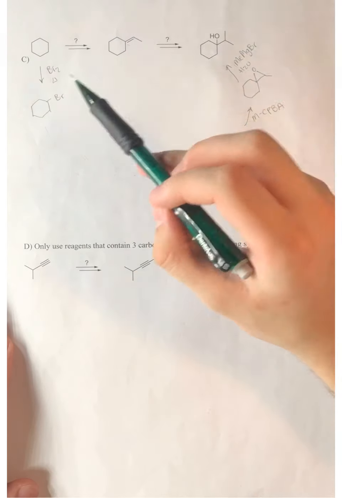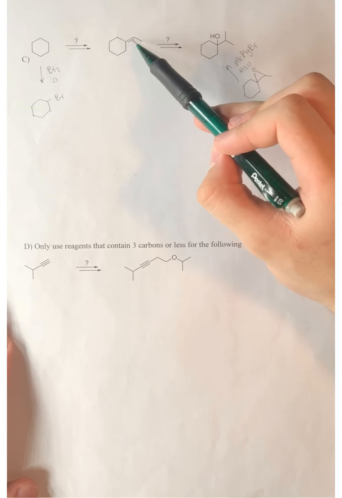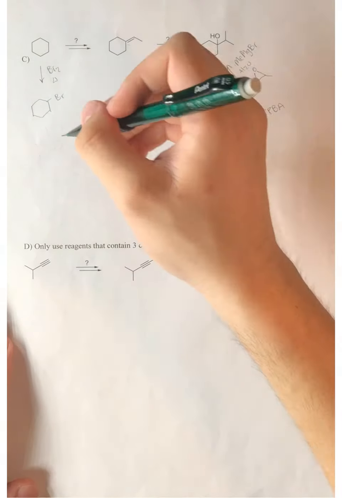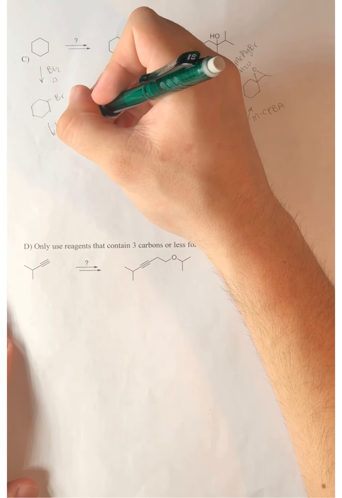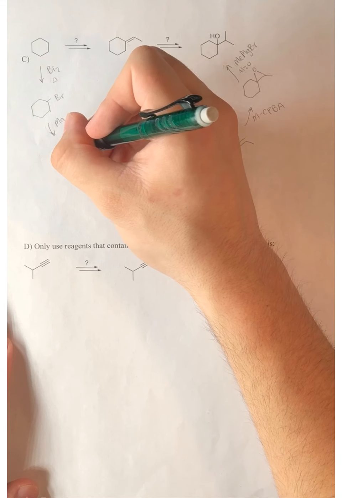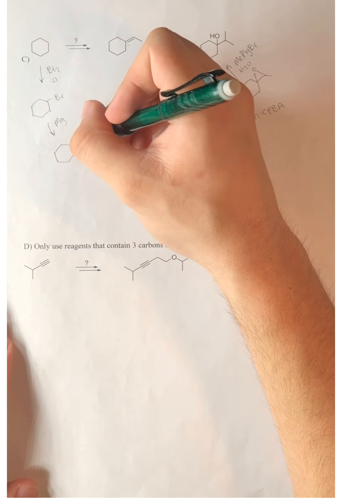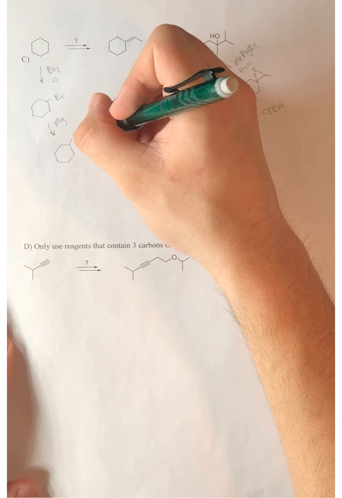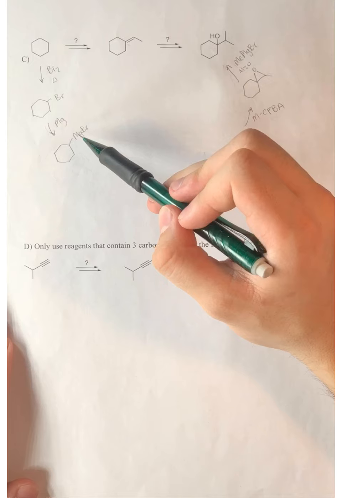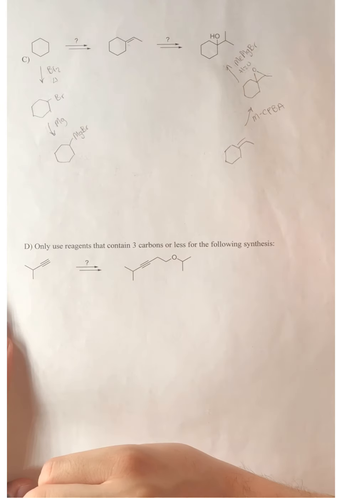Now, once again, we're going to want to add this structure. To do so, we can just prepare this as a Grignard reagent. And to do so, we're going to have to add magnesium to it, which would give us this intermediate. And now think, now that we have a Grignard reagent, how can we make this into this?